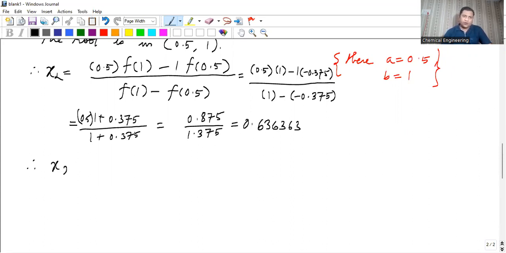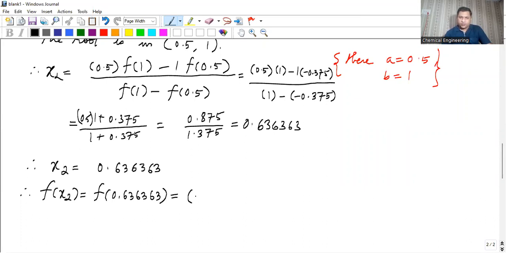Okay, so here we got the next iteration to be x2 = 0.636363. Now we need to understand again whether this is closer to 0 or not. So we have to calculate the value of f of x2, the value of the function at this point.